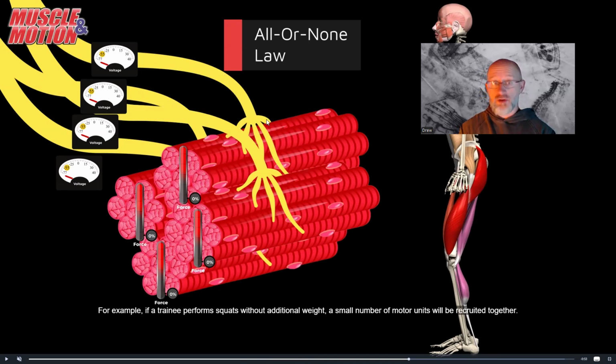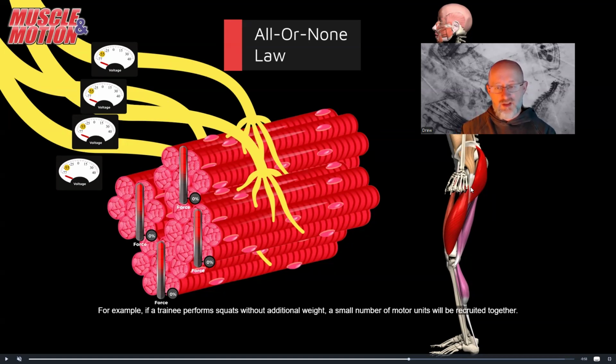So when voltage comes down, if it gets past that negative 55 voltage and achieves enough to generate the action potential or the nerve signal, then it's going to stimulate all of those fibers connected to that motor unit to contract. So if you're starting off doing bodyweight squats, initially the body senses how much force it needs to generate to contract your glutes and quadriceps, how many of these muscle fibers you need to turn on to produce mechanical force to make you squat up and down.